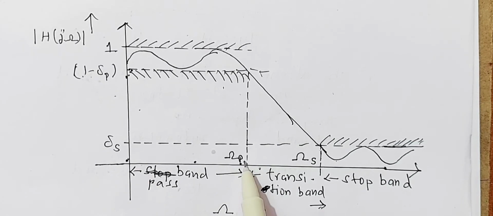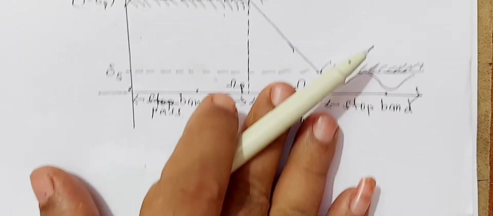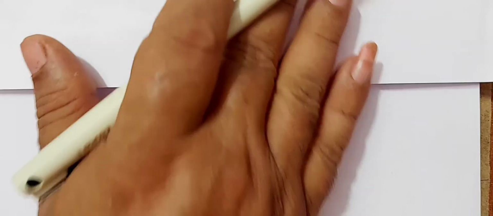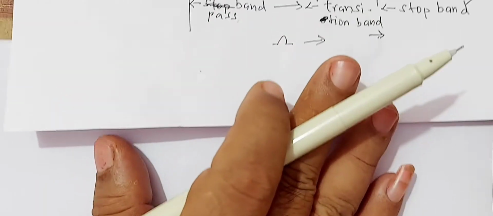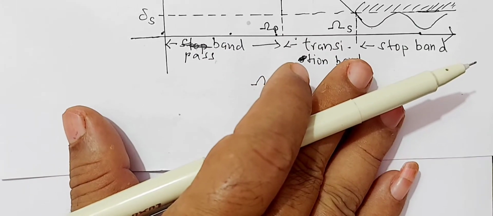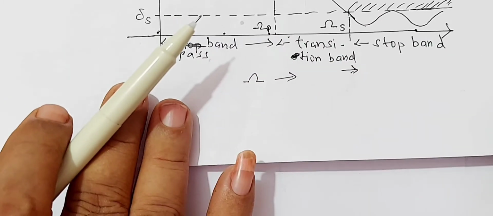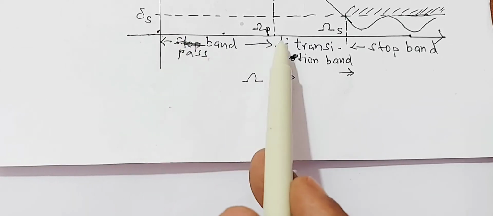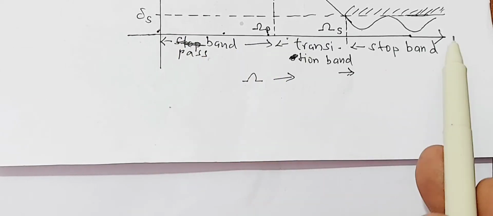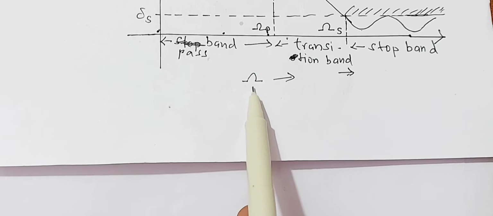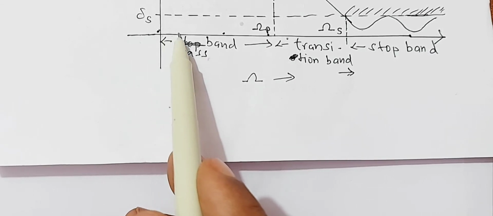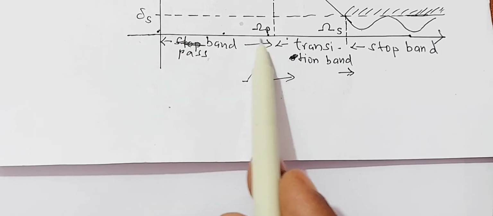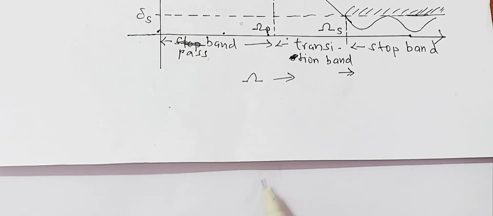How do you write the equation? From here to here it is 0. This is the frequency axis, that is omega. Omega is the frequency. 0 less than or equal to frequency less than or equal to omega p, that is up to this value.